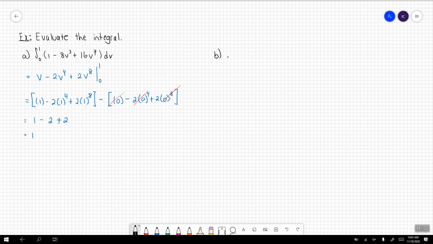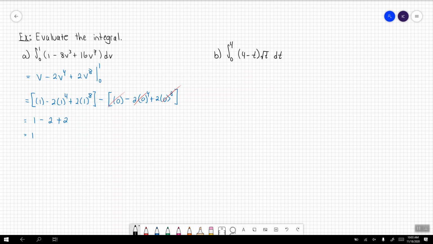So part B, we want to evaluate the integral from 0 to 4 of the function 4 minus t times the square root of t, dt. So again, we would just want to find the antiderivatives.